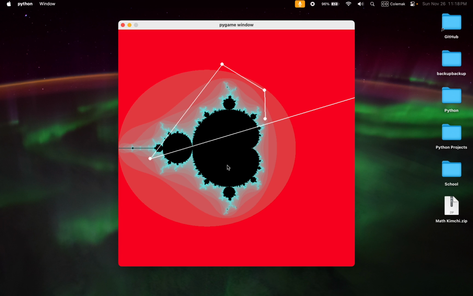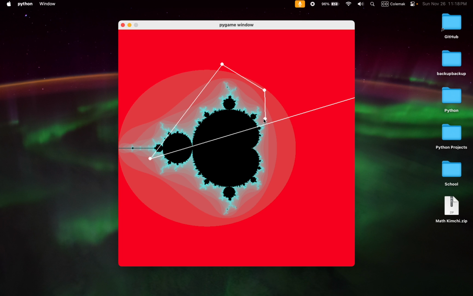The way we get from one element to the next is by saying z_{n+1} is equal to z_n squared plus c, and that c is the point that we're looking at.